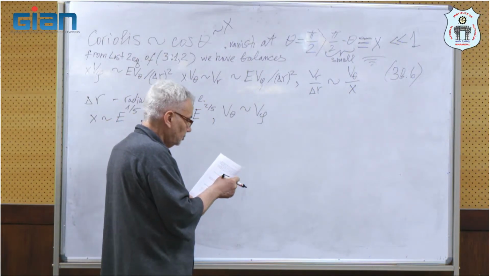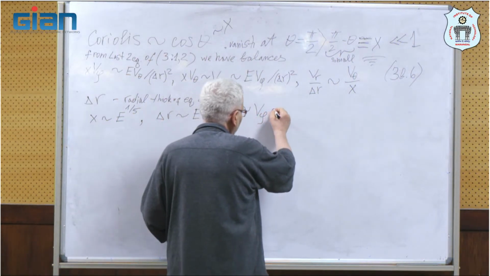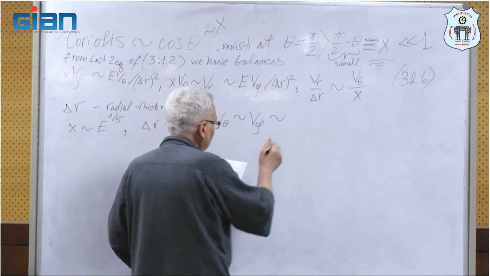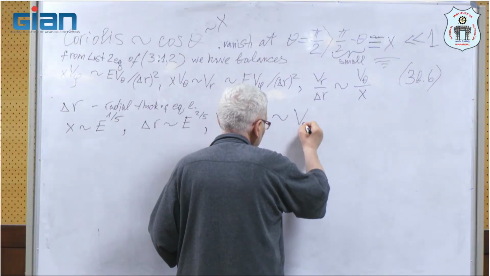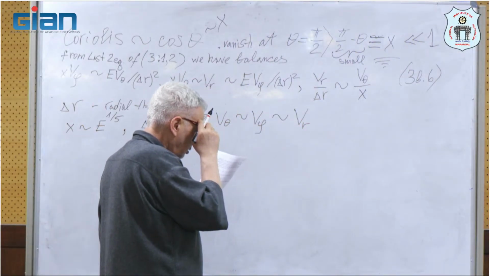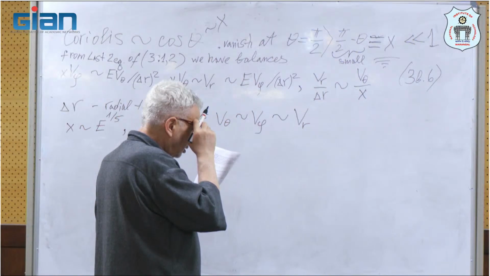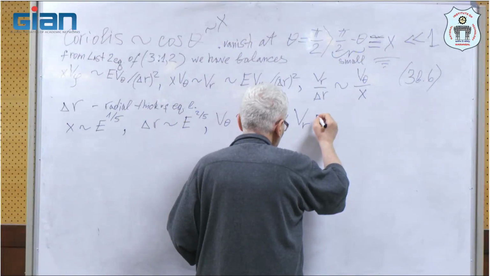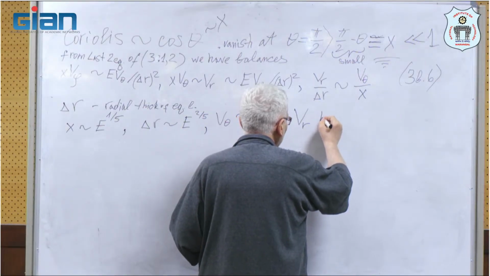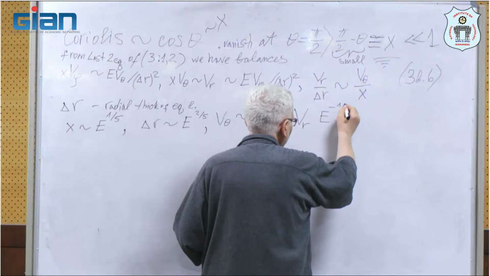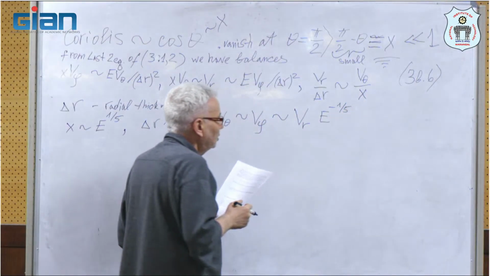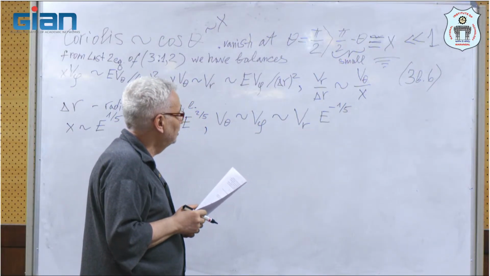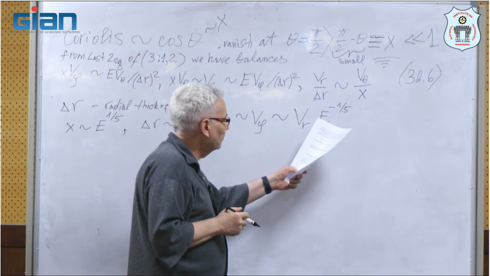And the last relation, we can proceed further in this relation, and here we have that the radial velocity in this layer is quite small. Actually, it works like e to the minus 1/5. It's no wonder, because it's quite difficult to overcome the radial direction, and so it should be small.